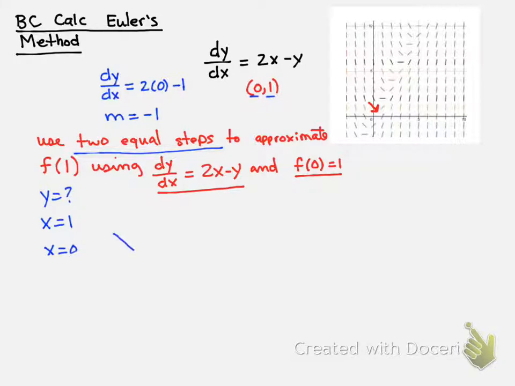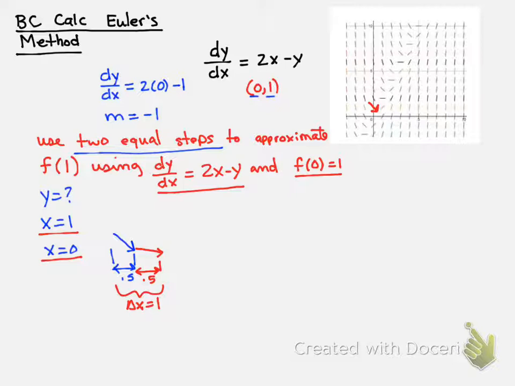We're going to do the first step where this distance is 0.5, and then we're going to take another step where that same distance is 0.5, so that in total we're doing a total change in x equal to 1, because we had to go from x equals 0 to x equals 1.